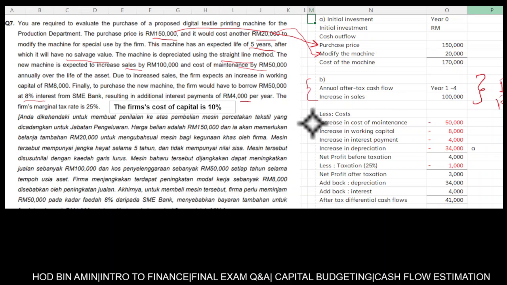And all of this is cost or expenses. Our cash is reduced. Then we expect that our sales increase by 100,000, and at the same time our cost will also increase in terms of cost of maintenance, 50,000.